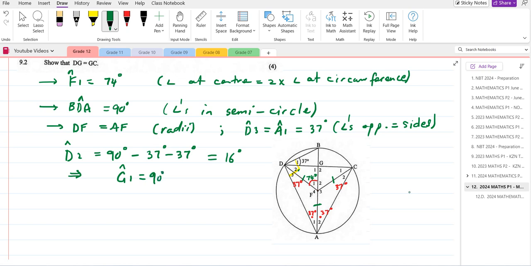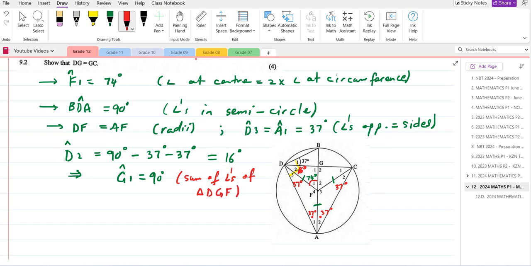How we got that? 180 minus D2 minus 74. Remember D2 was 16 degrees, alright? So angle G1 is 90. Sum of angles of triangle DGF.